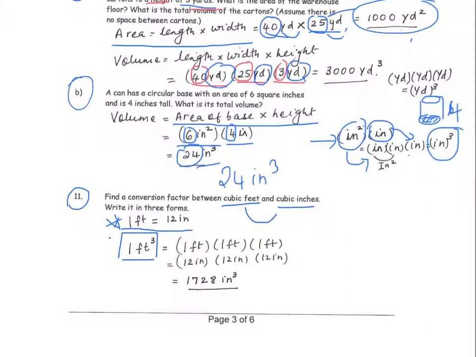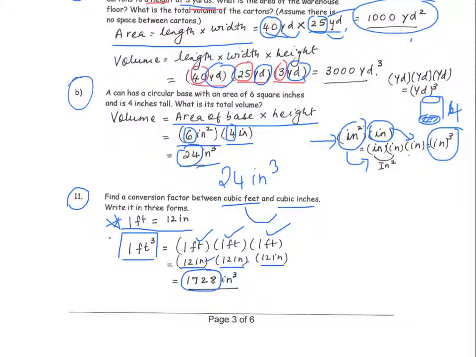What that means is 1 foot times 1 foot times 1 foot. So we need to convert each of these measurements, each of the 3 measurements, into inches. Each one is in feet. We need to convert each measurement into inches. So 1 foot is 12 inches. So that's how we get the 12 inches times 12 inches times 12 inches. So 12 times 12 times 12, that's how I get the 1728.